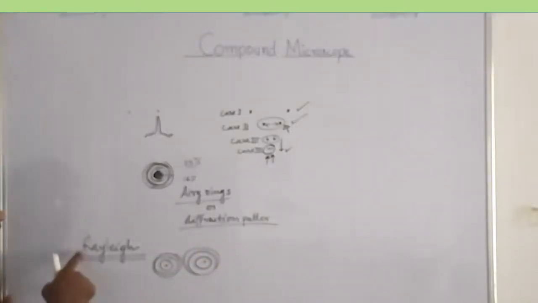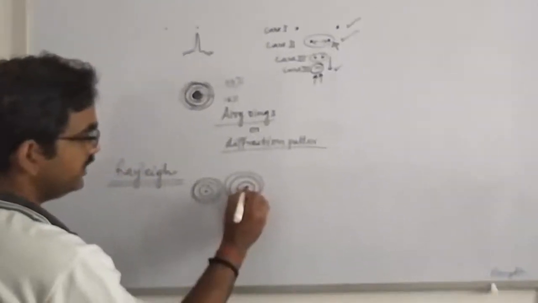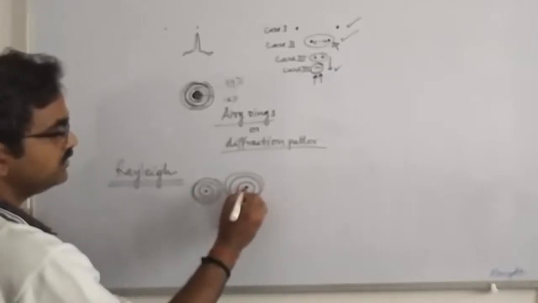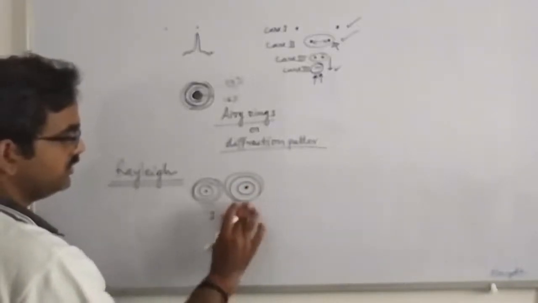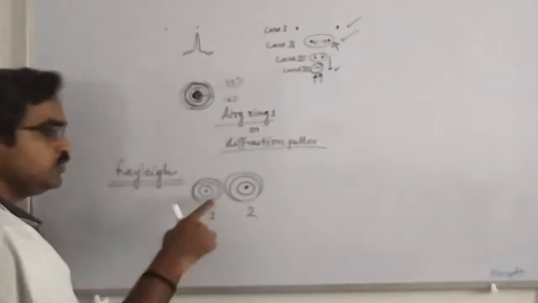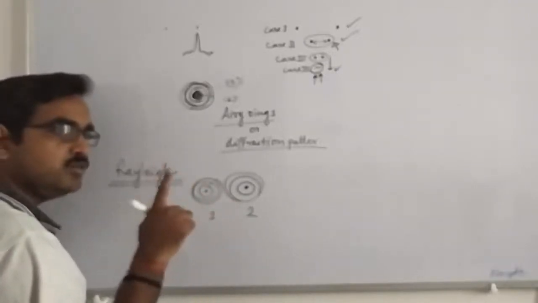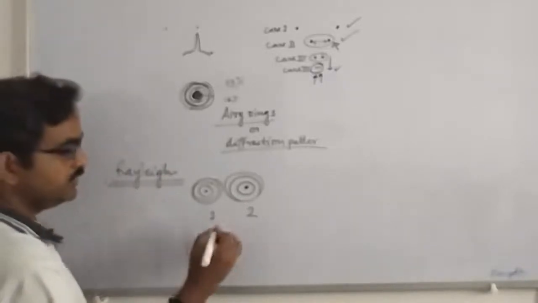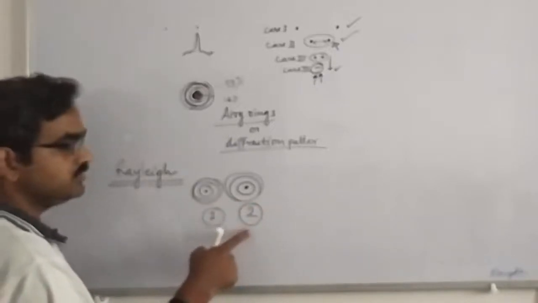So Rayleigh said, the Airy rings form around a point, suppose this is the first point and this is the second point, if the two Airy rings do not overlap, then we can see the two objects distinctly.